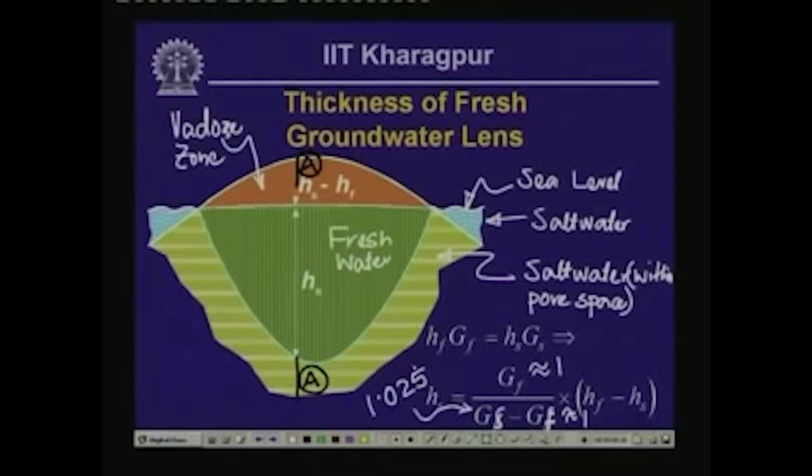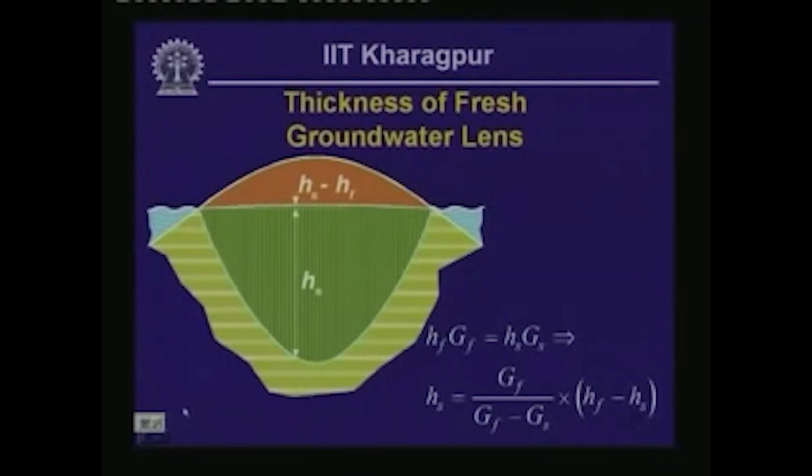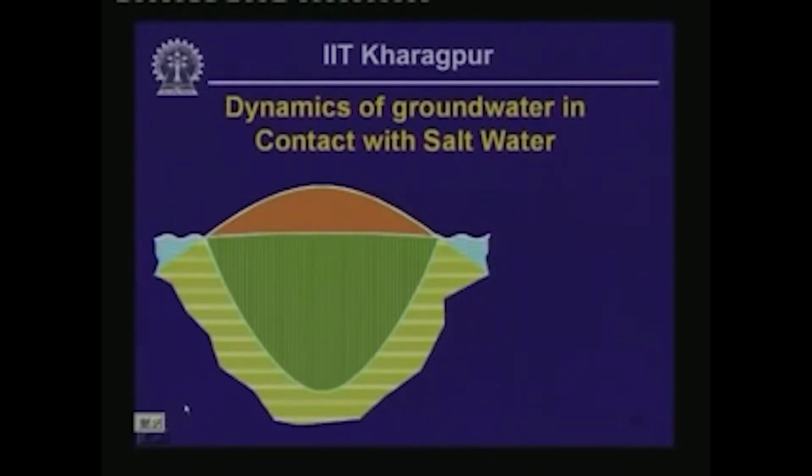So H subscript S is approximately 40 times the difference between the height of fresh water minus the height of salt water at a given vertical section. That is very important, because then we can see what happens if we lower the groundwater by only a tiny bit. We are going to consider the same configuration as in the previous slide.